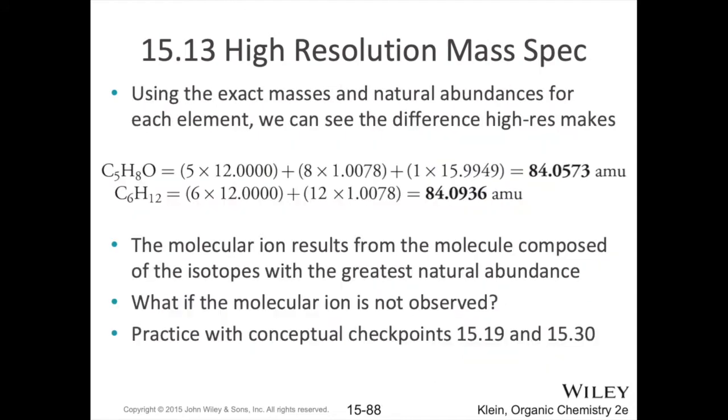Okay. So if we plug in the molecular weight of both these molecules down to 4 decimal places, you can see that our cyclopentanone is 84.0573 atomic mass units, whereas our cyclohexane is 84.0936 atomic mass units. And so looking for that parent ion, you'd be able to distinguish between those two.